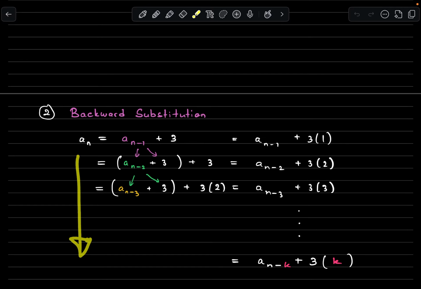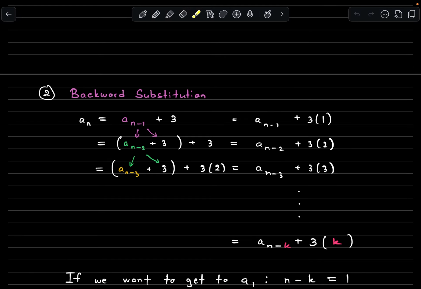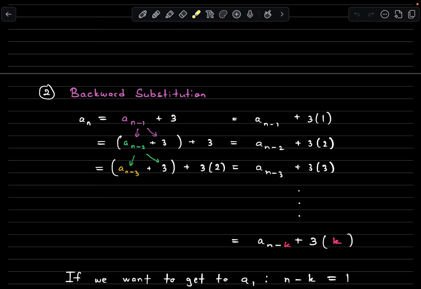But this is only going to work if we can get all the way back. We don't still want this in terms of previous terms. We need to get back to some base initial conditions. So I need to make sure that instead of a sub n minus k, I have a sub 1 or a sub 0. Let's suppose we're going to go back to a sub 1 in this case.